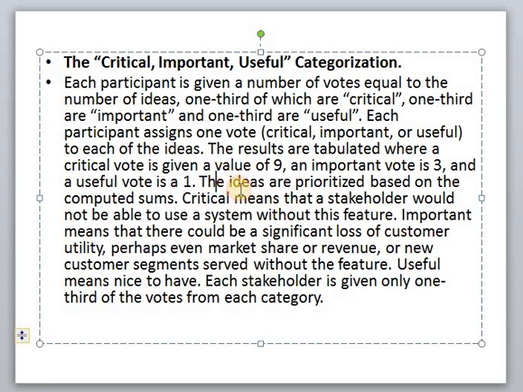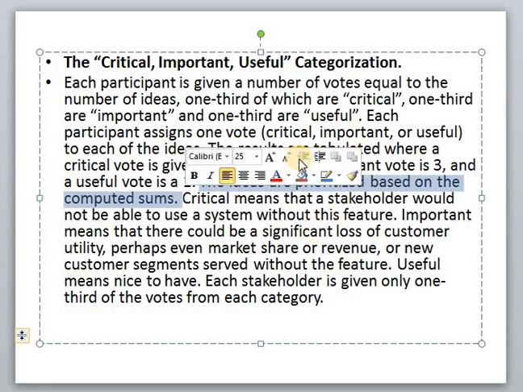The ideas are prioritized based on the computed sums. So for the same idea, the responses will be summed up, and then we will prioritize the given idea.